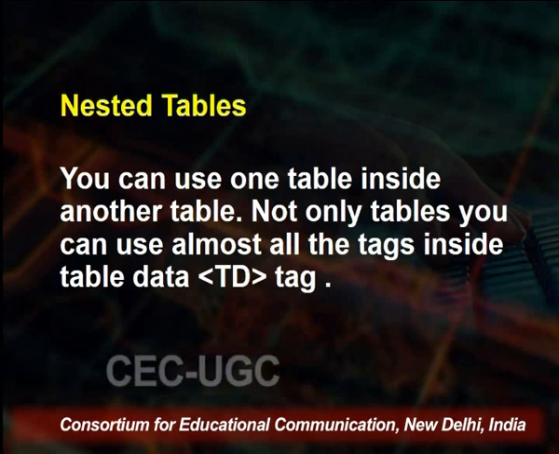So as we had discussed earlier also, when you have a table, you define the TR and TD. Now within the TD and /TD tag, you are generally putting text, but if you do not put text, instead you put the definition of another table, then that will become a nested table.